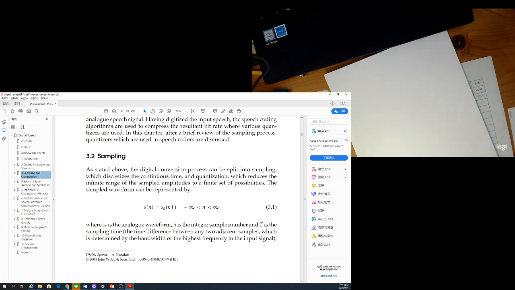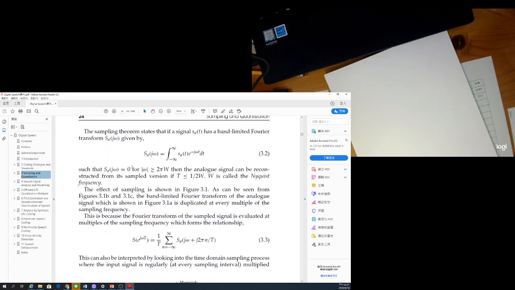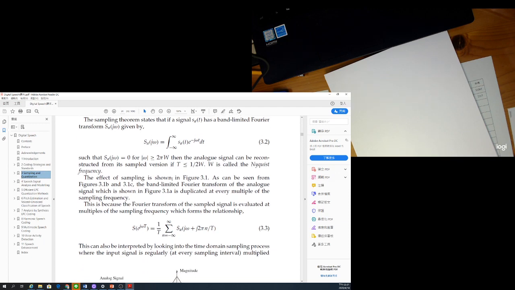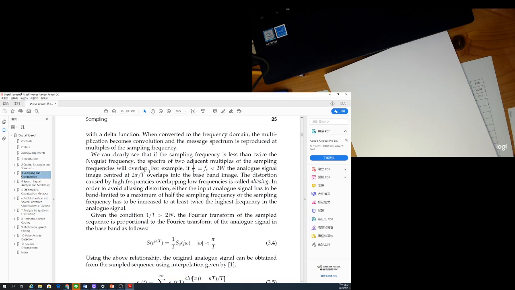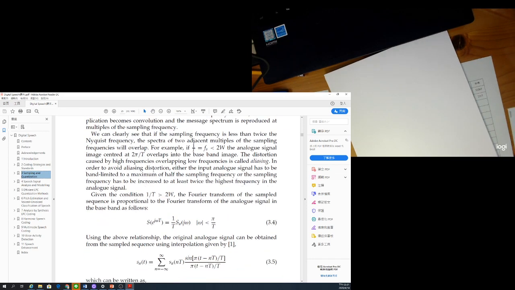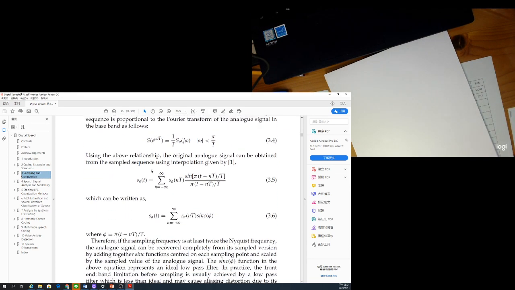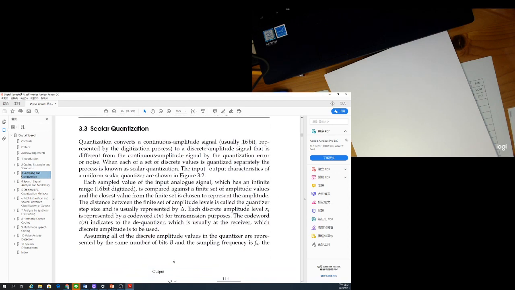So most of the speech processing we work on uses 8 kilohertz sampling rate. You try to make sure it satisfies the Nyquist frequency criterion. You should be well prepared, having this kind of knowledge from your undergraduate courses.